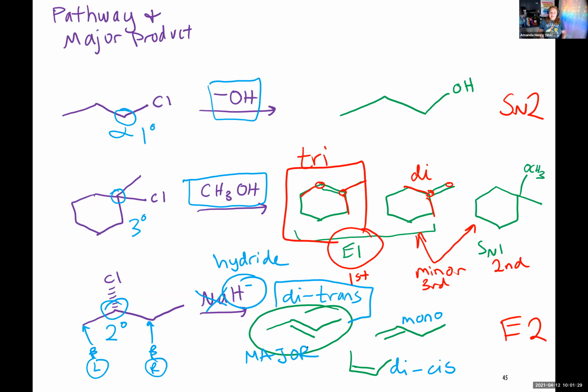So we want to have as many substituents as possible, and we want to have the biggest group. So in this case, they're not big, but the big group on each side are methyls. We want to have those pointing away from each other for sterics. So the di-trans would be our major product. The di-cis would come in second place, and then that mono would be in third place.